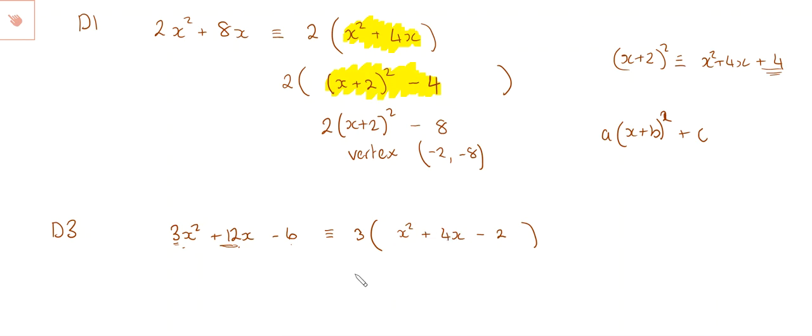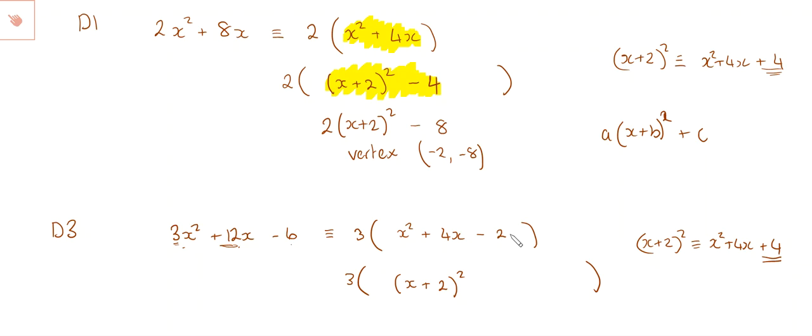We just focus our attention on this middle bit, yeah? So what does that become? x plus 2 squared. Over here, x plus 2 squared is equivalent to, well, we've already done it up there, x squared plus 4x plus 4, right?